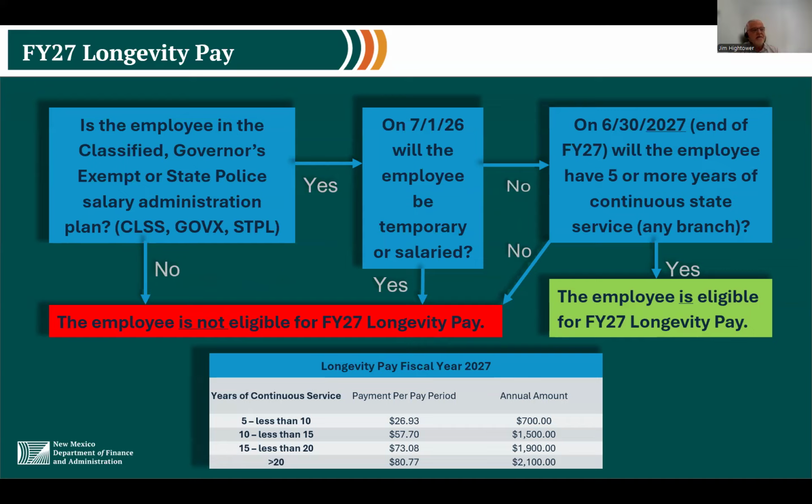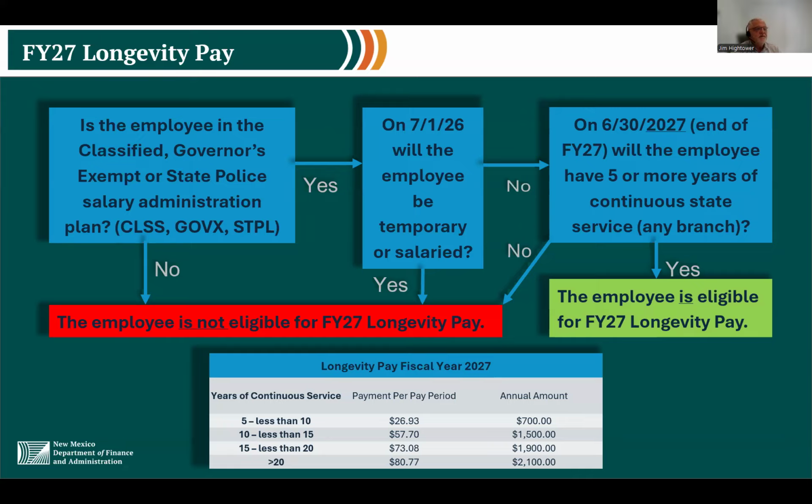So now the amounts listed below per pay period are going to be the new amounts, again, because of distribution issues where someone's pay is split by a percentage. The amount might not be exactly 26.93. It might be 26.91 or 92. And again, in FY27, we'll have to true it up at the end of the year to account for that.